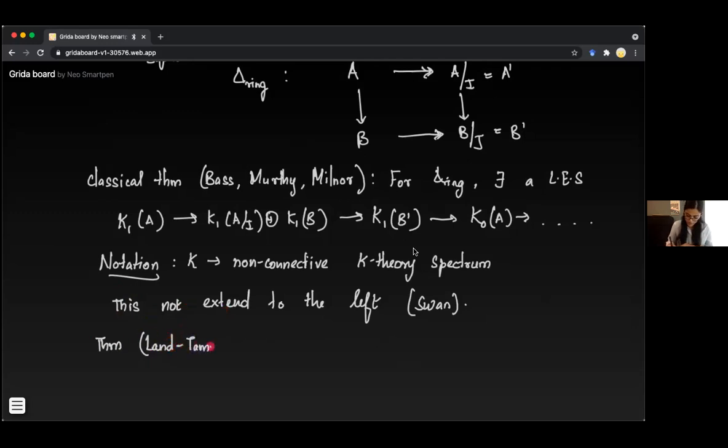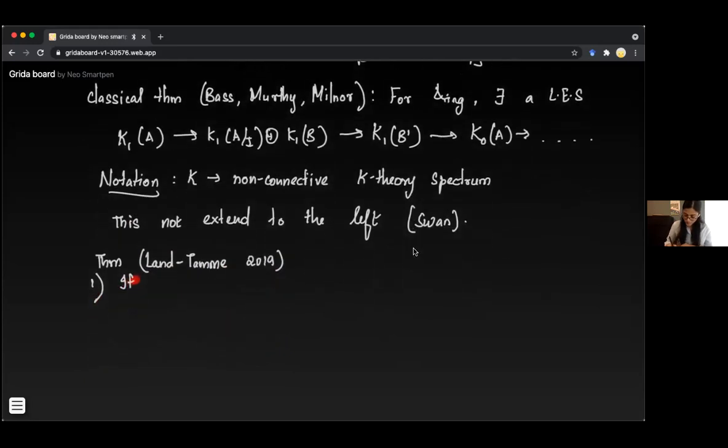So Land-Tamme: if the square of rings is Tor independent, that means that the Tor groups of A prime and B over A, all the Tor groups vanish, then if you apply K-theory to that square, K of delta is Cartesian.